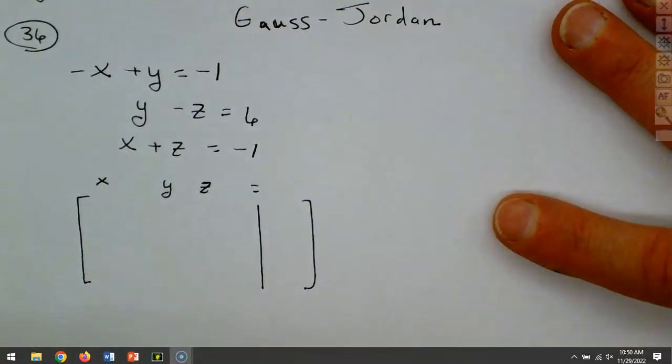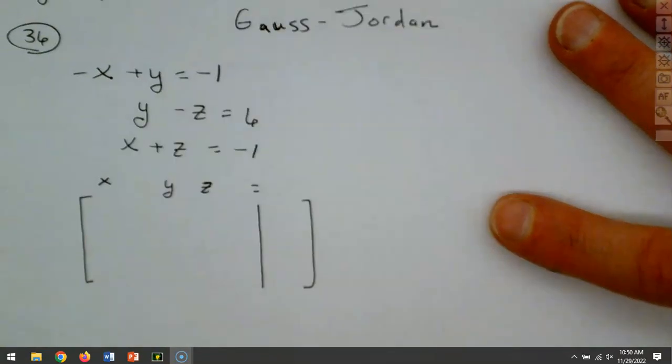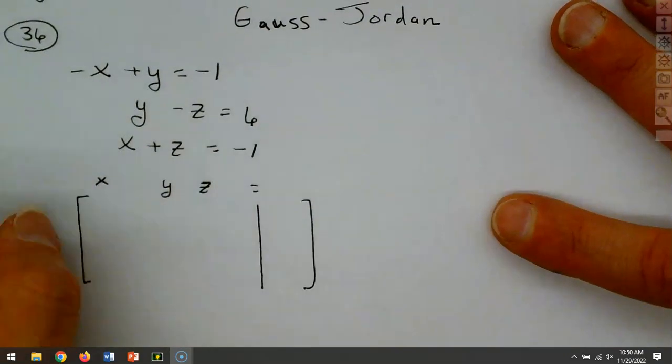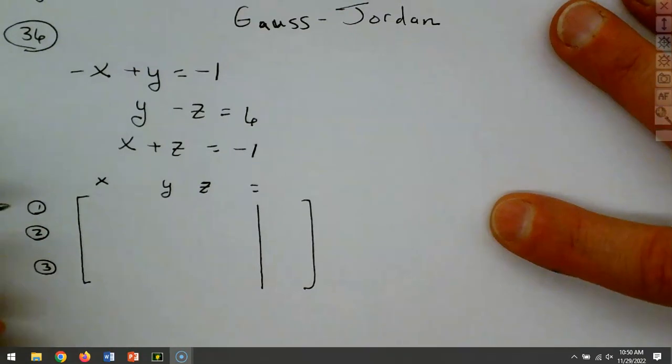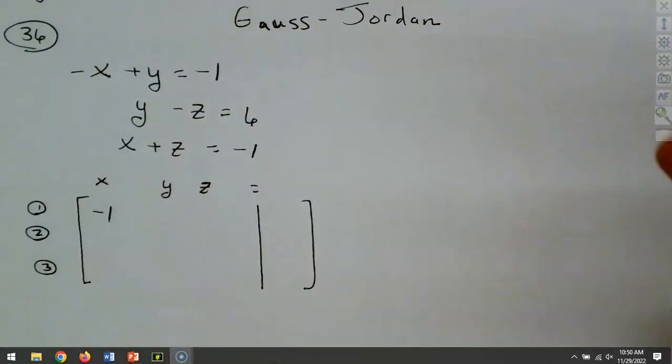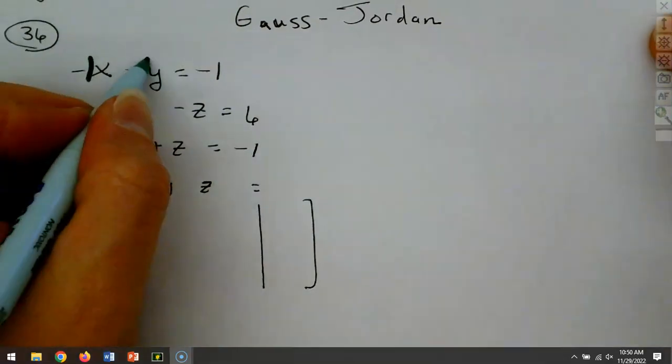Now, all we need to do is plug in the numbers. And if we're missing a variable, we use a 0. So for our first equation, this is our first row here, second, third. Our first row, x. Well, x, nothing's in front, so we're going to use a negative 1. If there's no number, you put a 1 there. 1, 1, 1.